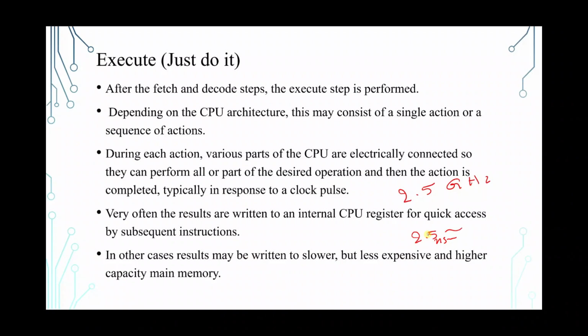And this is the clock pulse. Very often the results are written into the internal CPU register for quick access by subsequent instructions. In other cases, results may be written to slower but less expensive and higher capacity main memory.